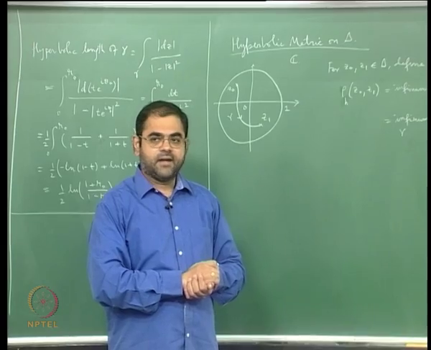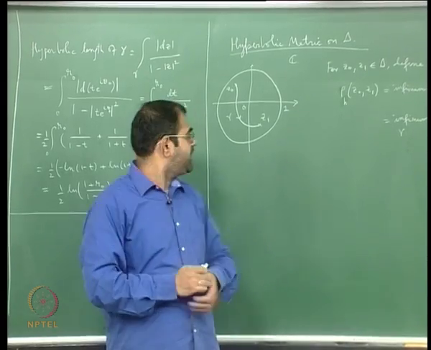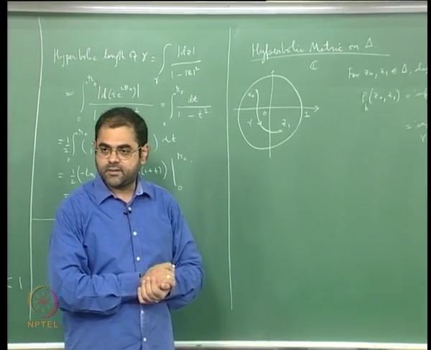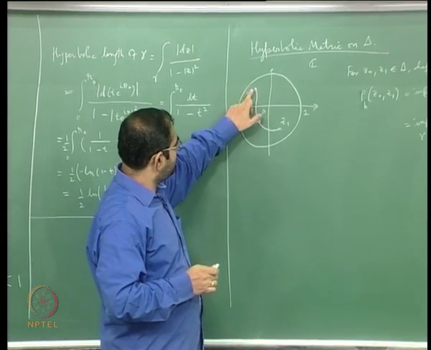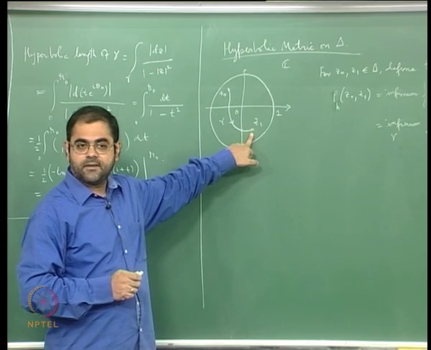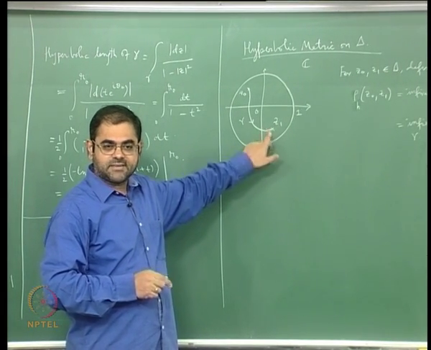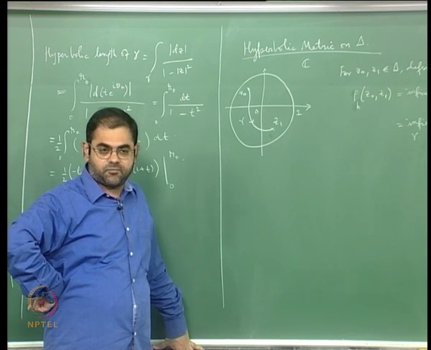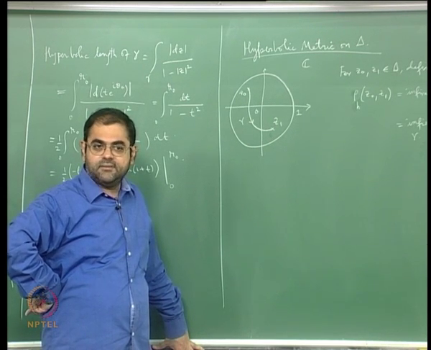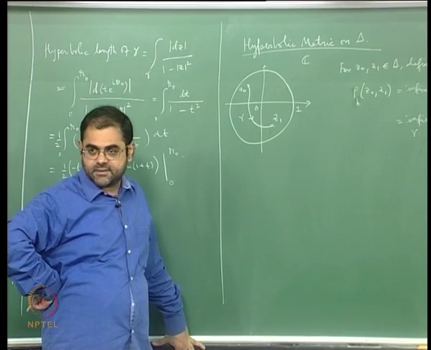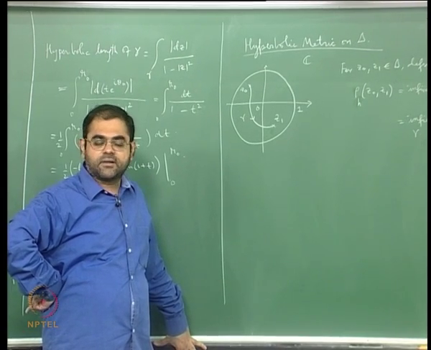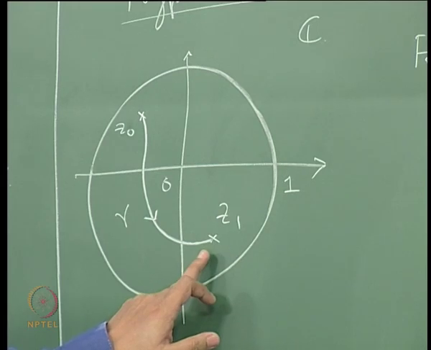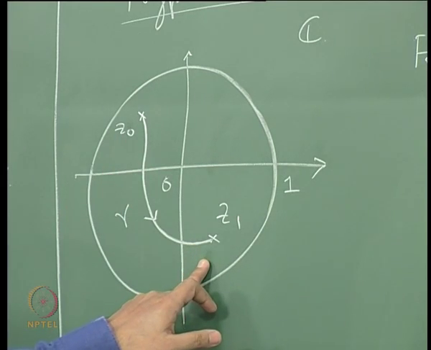That is the question, and the answer is yes. Here is the important statement about hyperbolic geometry. Given any 2 points in the unit disk, there is a special path between these 2 points, which is called a hyperbolic geodesic. It is the path of shortest hyperbolic length between the 2 given points.